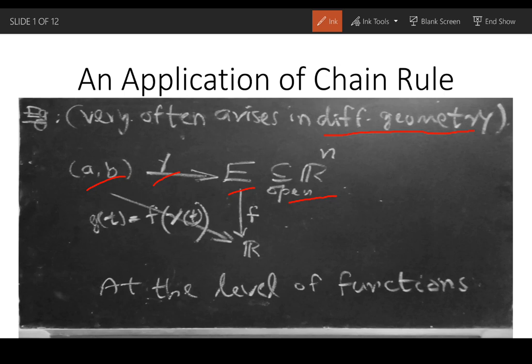And suppose you have a differentiable function f defined on this open subset E of Rn. f is a real valued function defined on E. Now look at the composition. So first gamma of t, where t varies in (a, b), then take f of that.